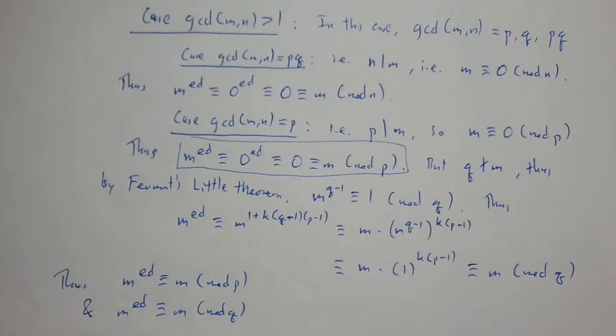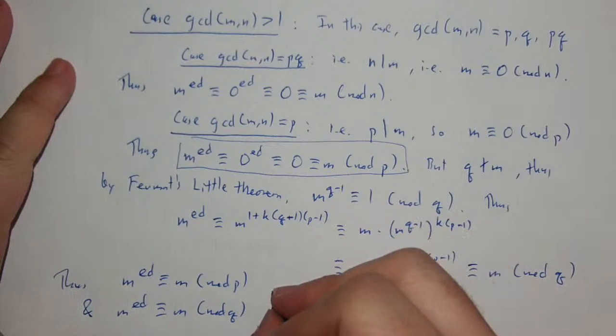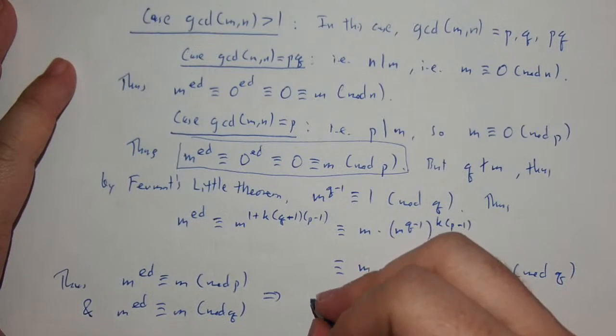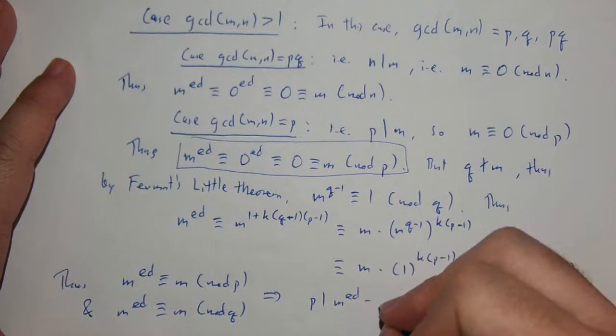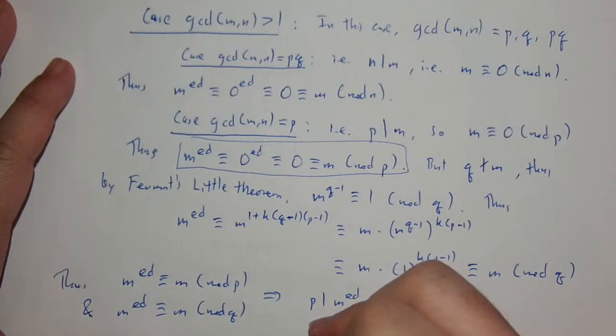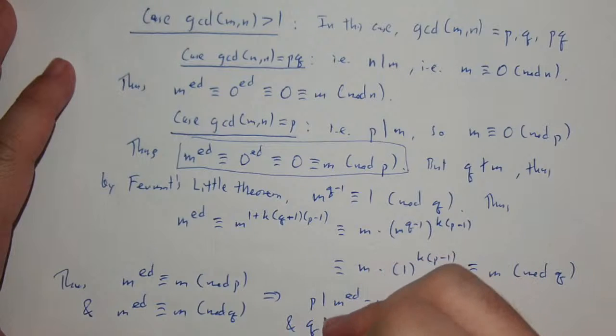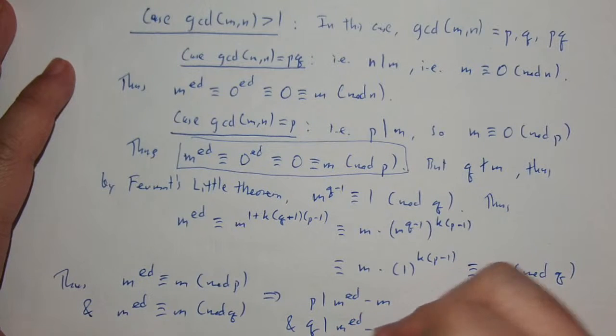Rewriting this in terms of divisibility, what does this mean? This means that p divides m to the ed minus m, and also q divides m to the ed minus m.